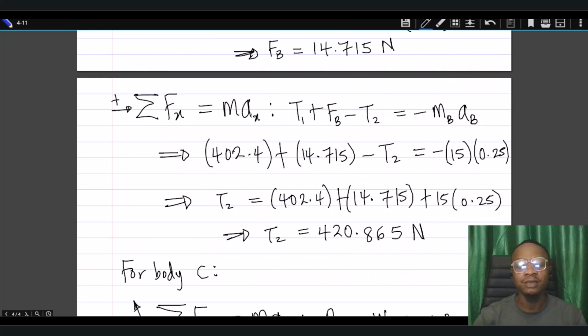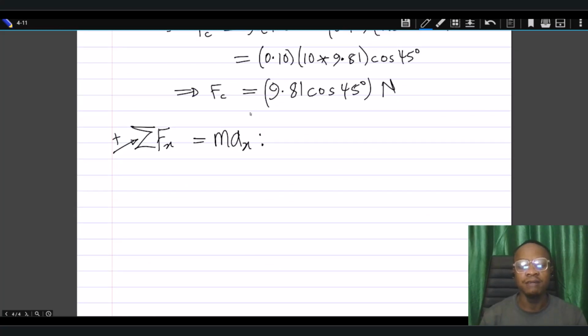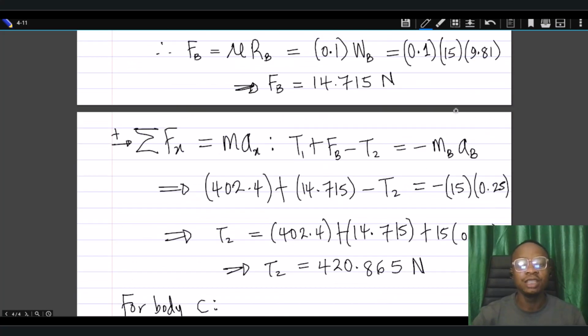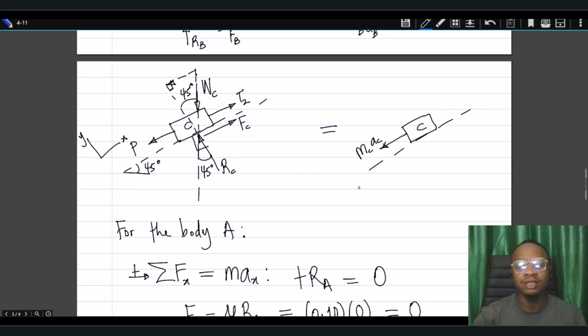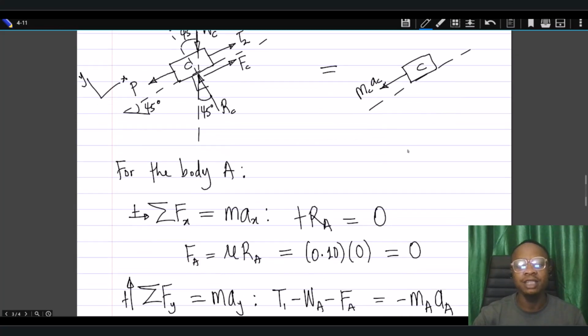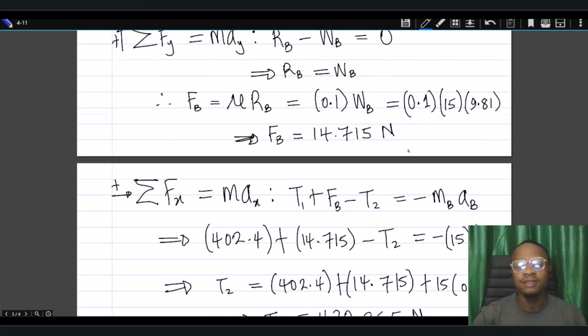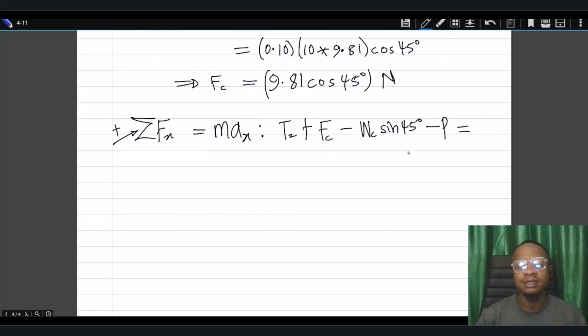We can say that we have T2 plus FC, then minus WC sine 45 degrees, then minus P should be equal to the mass of the body multiplying its acceleration in that direction. So that is negative as well because it's down the incline. So we have minus mc AC, which is equal to minus the mass of C multiplying the acceleration of C.